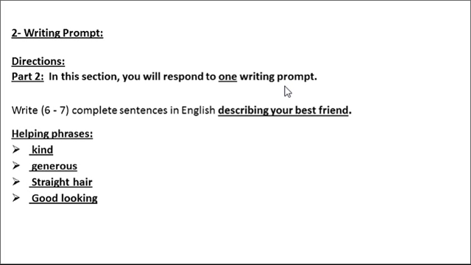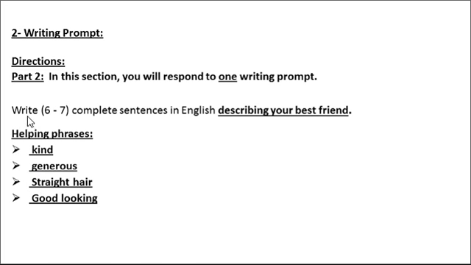You will not have two writing prompts, only one. This example here is describing your best friend. Most of the time we put helping phrases and words, sometimes sentences, to help you in writing. So try to use these words in your writing.